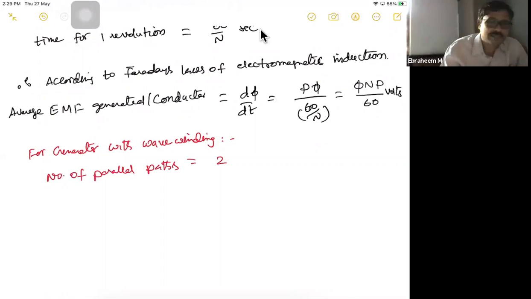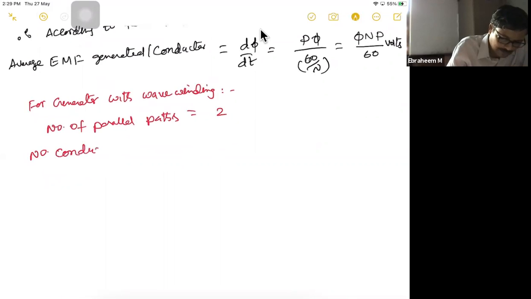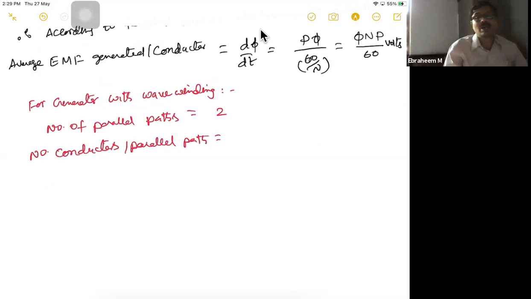All the conductors are arranged in two parallel paths only in a wave winding, right? Because we have divided the conductors into two parallel paths, the number of conductors per parallel path is Z by 2, where Z is the total number of conductors.